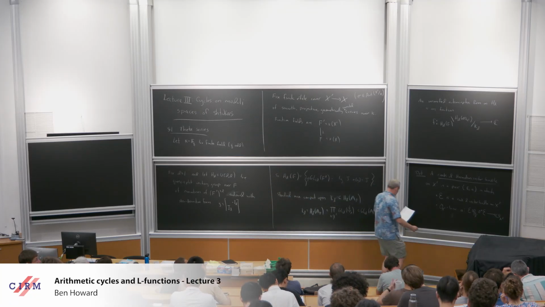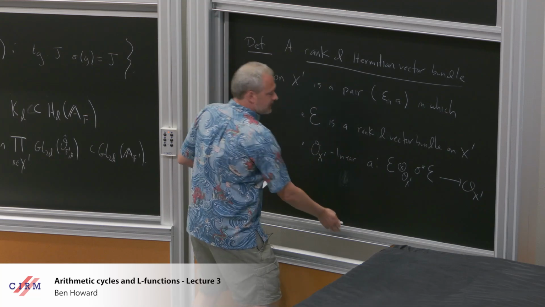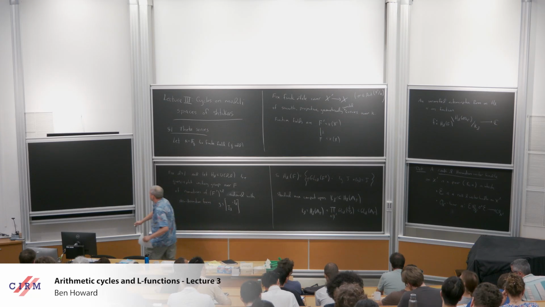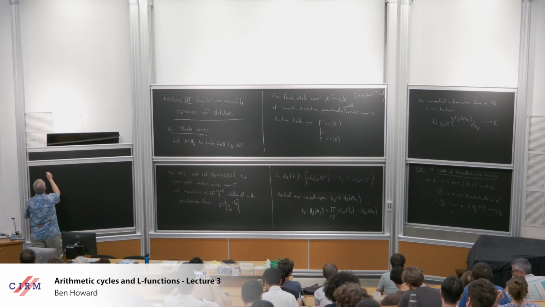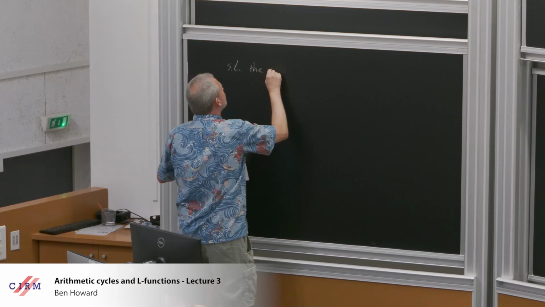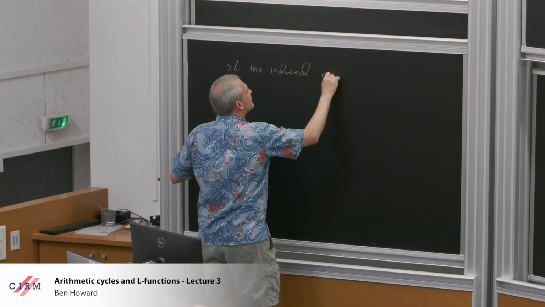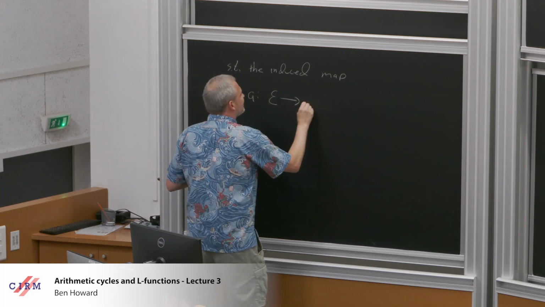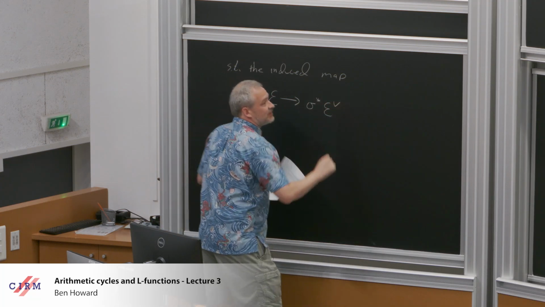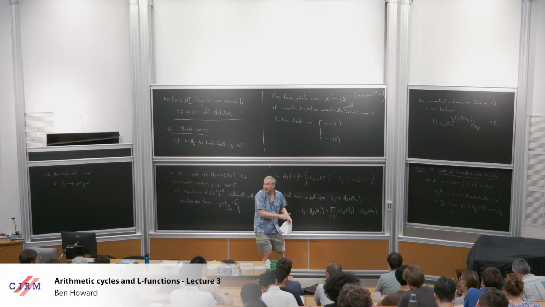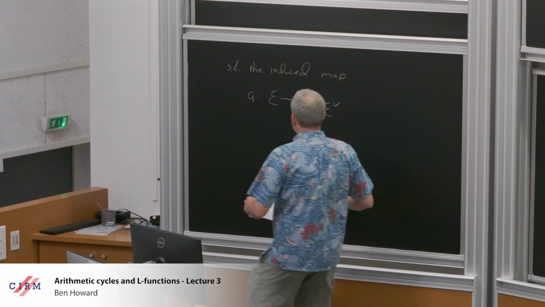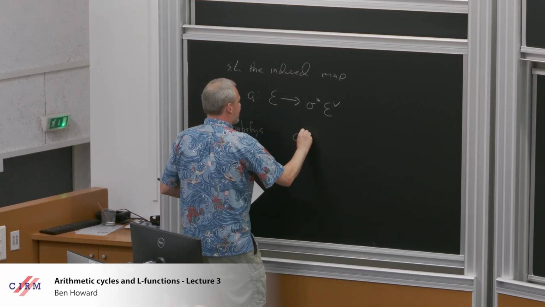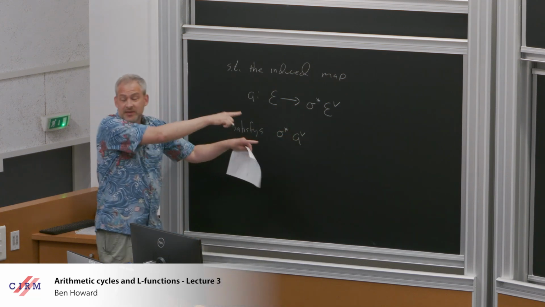And the analog of that statement is, such that the induced map A from E into sigma pullback E dual, to give an A there is the same as to give an A there, satisfies, well, if I dualize A and then pull back by sigma, I get an arrow in the same direction.